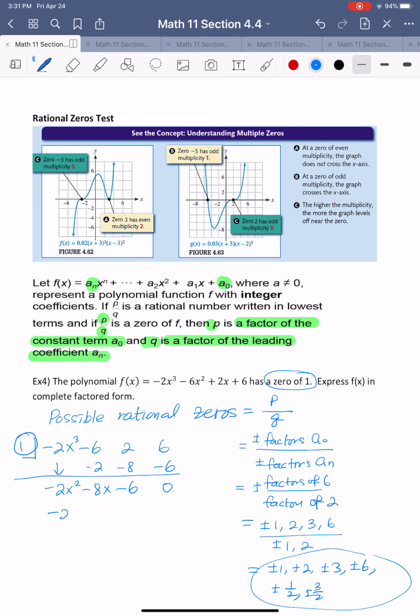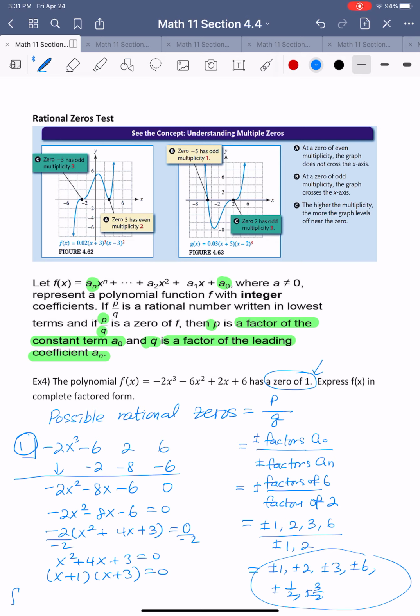If I set -2x squared minus 8x minus 6 equal to 0, factor out the -2, and divide by -2, you get x squared plus 4x plus 3, which factors as x plus 1 times x plus 3. All right, so you get two zeros from this quadratic, and there's one more zero here.